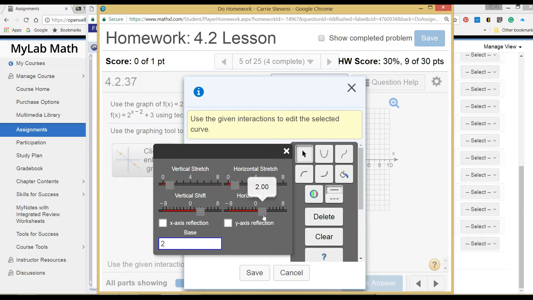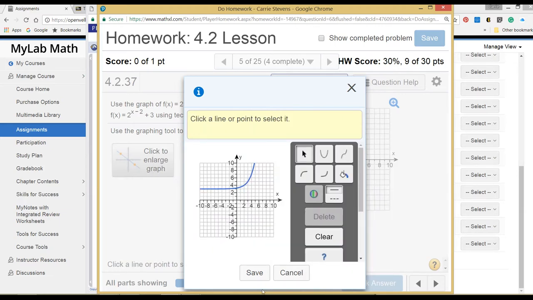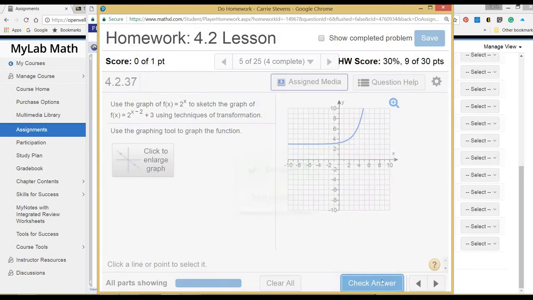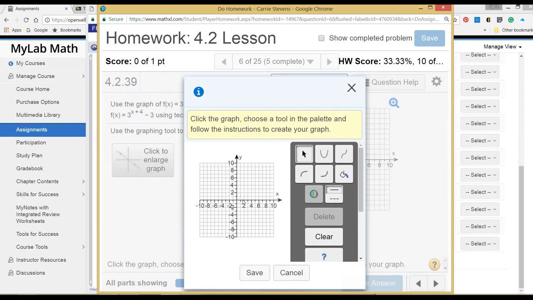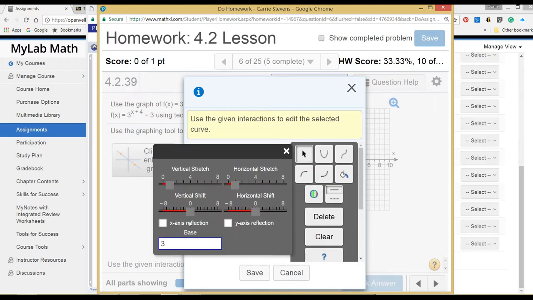Horizontally to the right 2. Okay, again, we have a horizontal shift to the left by 4 units and vertically down 3. Left 4, down 3.